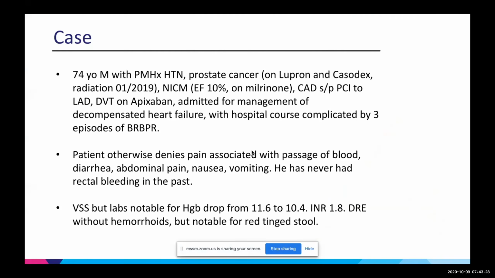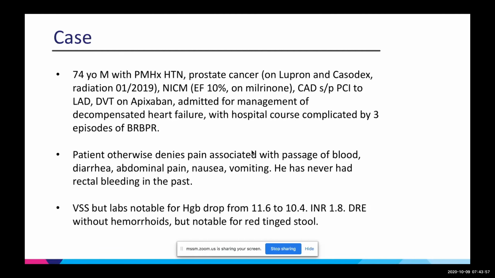The case I'm going to present today is a 74-year-old male with a history of hypertension, prostate cancer on Lupron and Casodex, previously received radiation back in January 2019, has non-ischemic cardiomyopathy, coronary artery disease, DVT on apixaban, who was initially admitted for management of decompensated heart failure with his hospital course complicated by 3 episodes of bright red blood per rectum, for which GI was consulted.